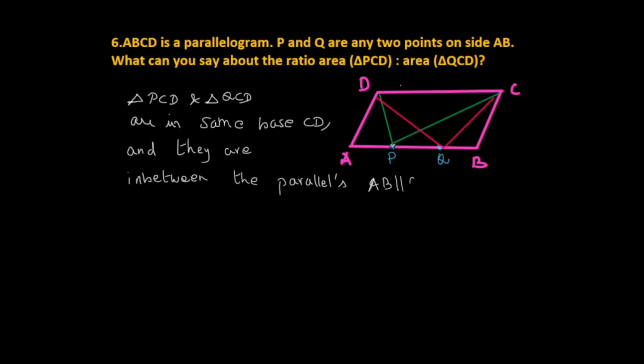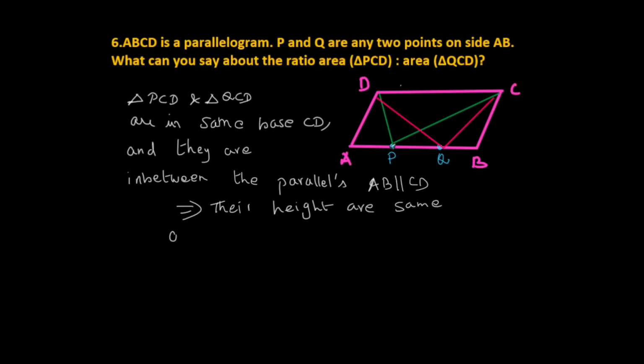But AB is parallel to CD. So both the triangles have the same base, and in between the two parallels, we know very well their heights are the same.